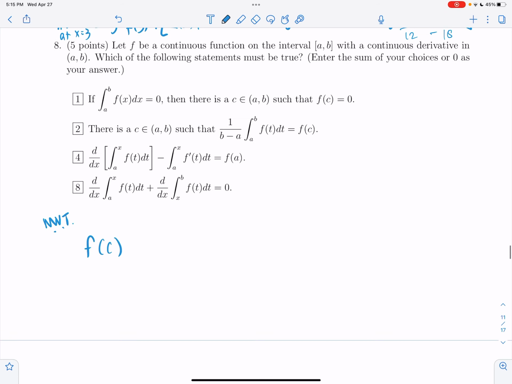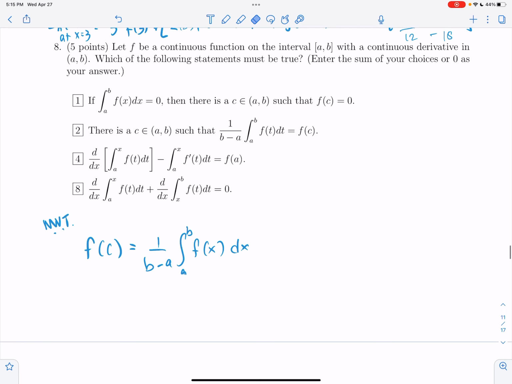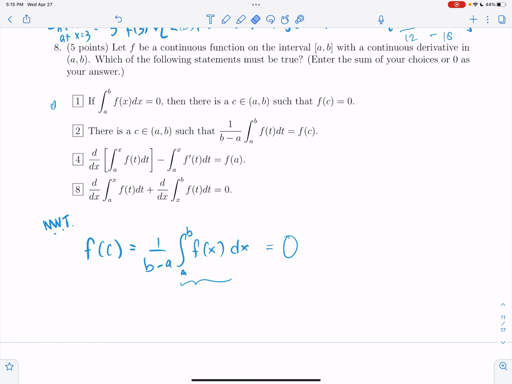It says that if you have a continuous function, then on the interval a to b, if you look at the integral of that continuous function and divide that integral by b minus a, then there has to be a point c between a and b such that f of c is this value. So if this integral is 0, that means this is 0, so there must be a c where f of c is 0. So that is true. This is by the MVT of integration.